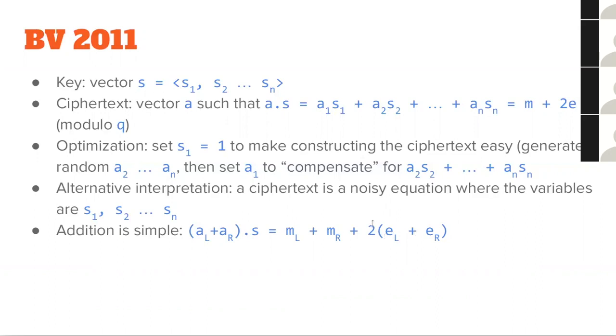The way that you decrypt, obviously, is you compute A.S and you take the last bit. And so you can decrypt the addition. If you decrypt the addition, you get twice the even error, and then you have the sum, or rather the XOR, of your two messages again, right? So addition here is simple.